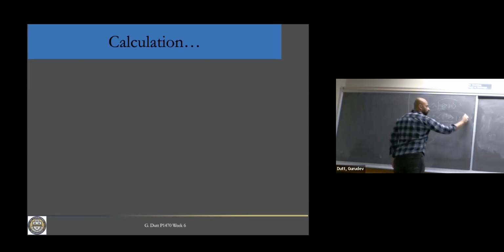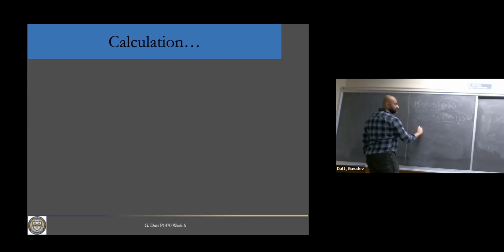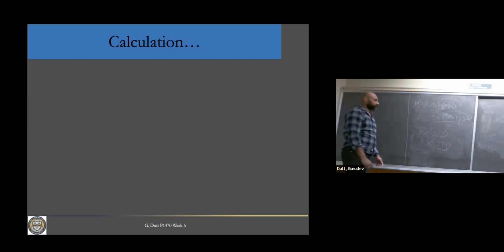I move it over here and write this as alpha psi, plus beta psi. Remember, this is just a number. So I'm allowed to just move it around wherever I want. We know what happens when we multiply it either to the right or to the left.